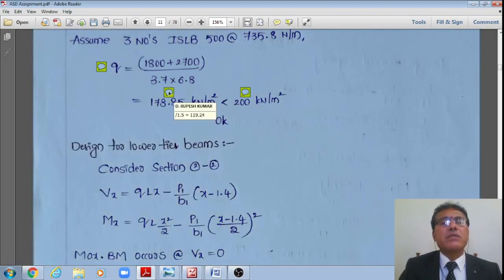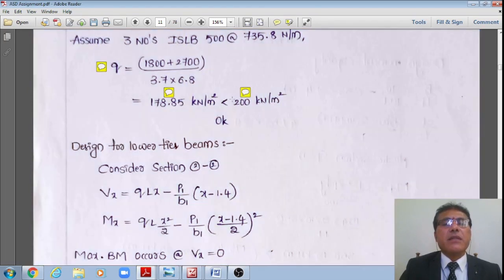It works out to 178.85. This is the factored intensity of the load, students. The actual intensity of the load, dividing by 1.5, is 119.24 only, whereas the permissible SBC is 200.